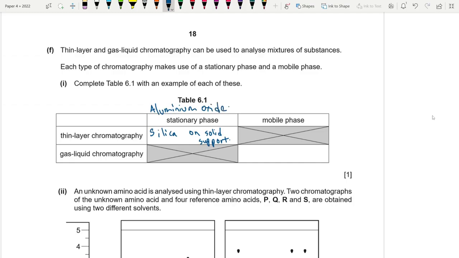Either works really. And for gas liquid chromatography, it's actually an inert gas, typically nitrogen. Here you go. You need to have this memorized. And for paper chromatography, the stationary phase is the water attached to the cellulose, right? Hydrogen bonded to the cellulose, and the mobile phase is the solvent.